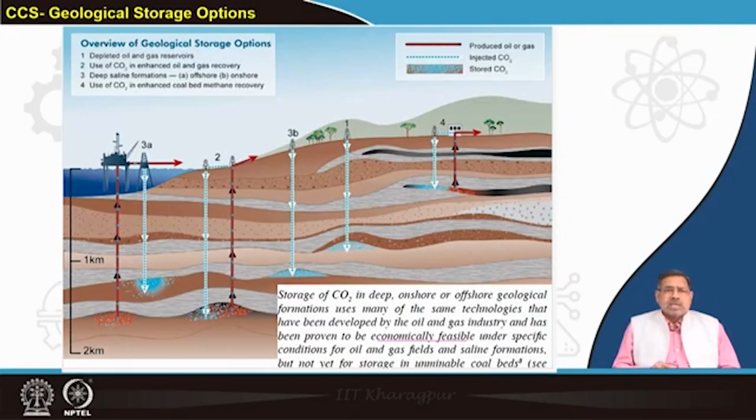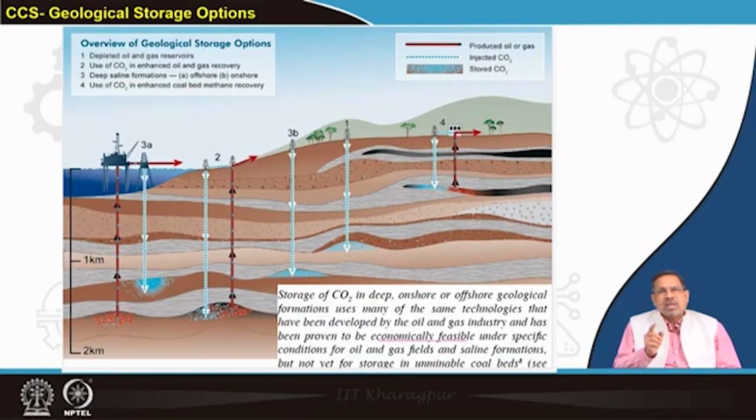So you can see the figure. There the blue dot shows that carbon dioxide is injected so that it helps in enhancing the oil and gas to be recovered. So it pushes the oil and gas so that it comes up. So that way it is also utilized.